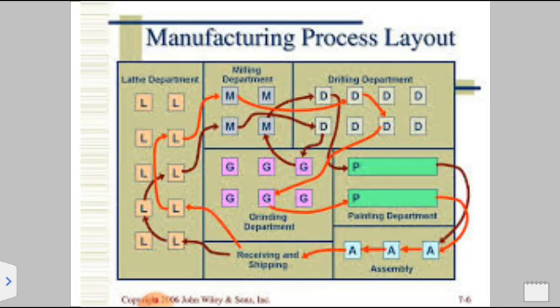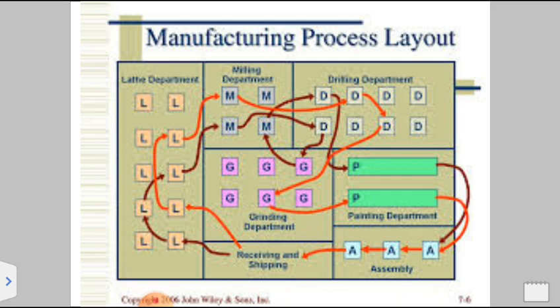This is a diagram which shows the process layout. Here we can see there are different departments. The first one is the lathe department, then the milling department, then the drilling department, then the painting department, then the assembling department, then the receiving and shipping department, and the ordering department.